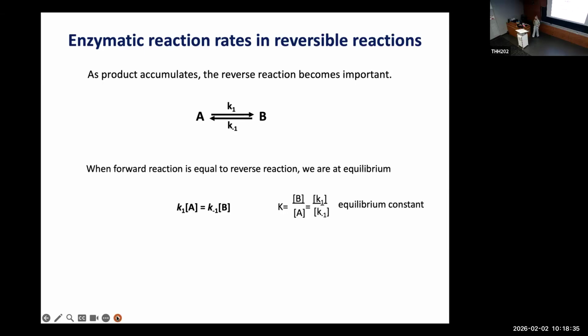So those are all things that don't change. If we rearrange this equation at equilibrium, and we know the equilibrium constant is B over A, we can also describe an equilibrium constant based on reaction rates. So the forward reaction rate over the reverse will also tell us the equilibrium.